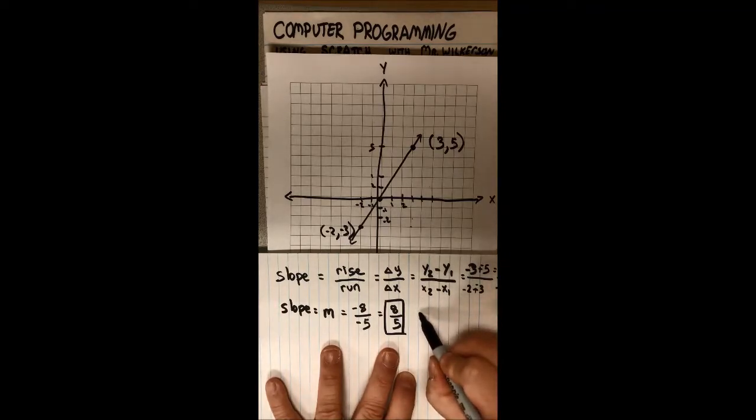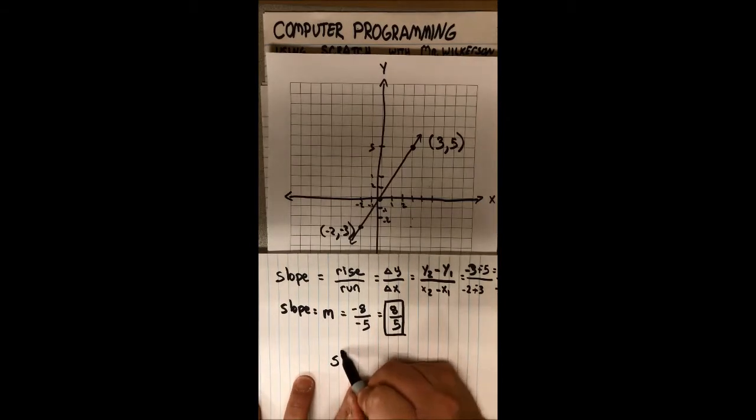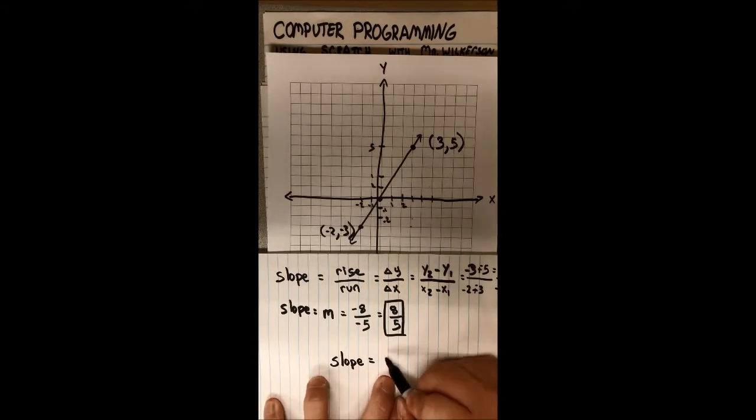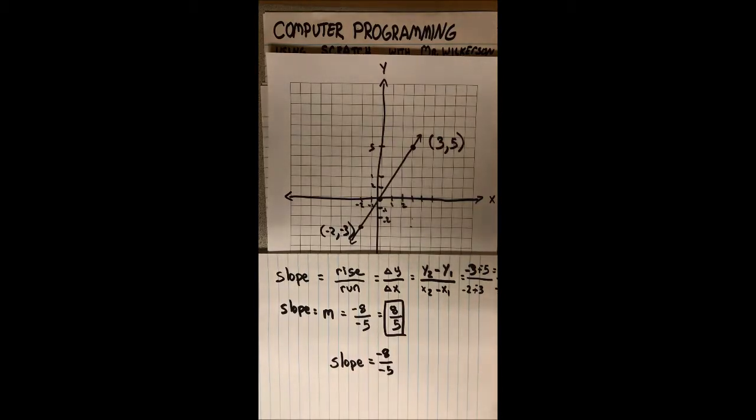We could get a decimal number, or we can just tell it to print out whatever this is. So we could have an output that says slope equals, and it will give us the y minus y and have a -8 over -5. That's a valid answer. It's not reduced, but it's a true and valid answer.